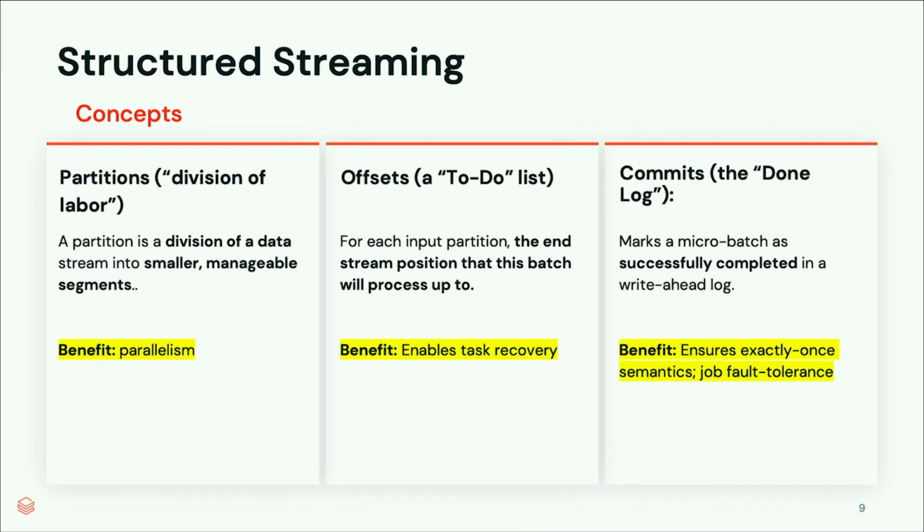When data is organized based on keys for wide transformations, such as aggregations, group bys or joins, shuffle partitions come into play. A stateful stream's number of partitions is also configured by spark.sql.shuffle.partitions. That's important to know, especially if you're working at massive scale. The default is 200.